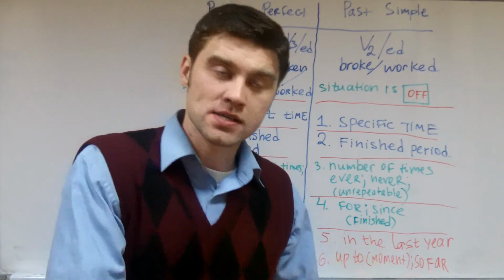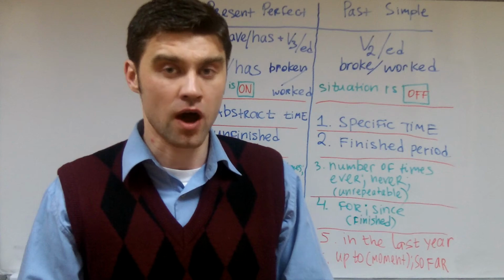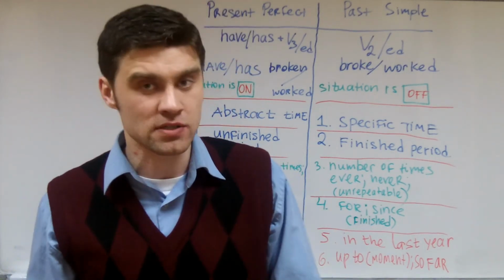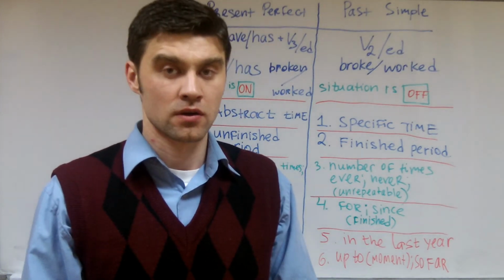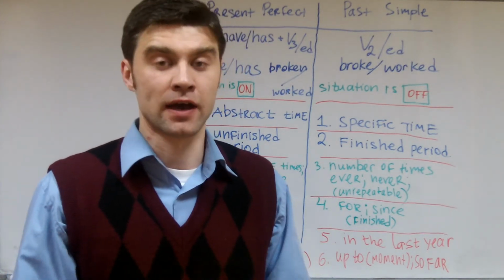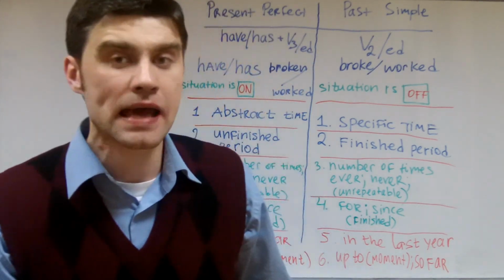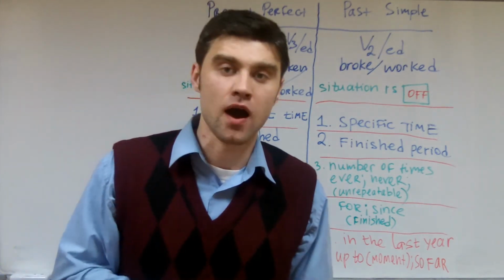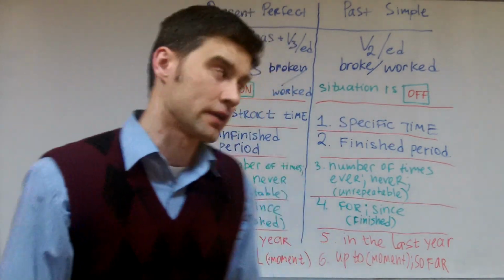So, I have trusted this person up to now, or so far, when you continue to trust this person. And when you finish trusting this person, it's, I trusted this person until now. Or another example could be, I was interested in politics until now, but I've been interested in politics so far. It means I am and I will be interested in politics.